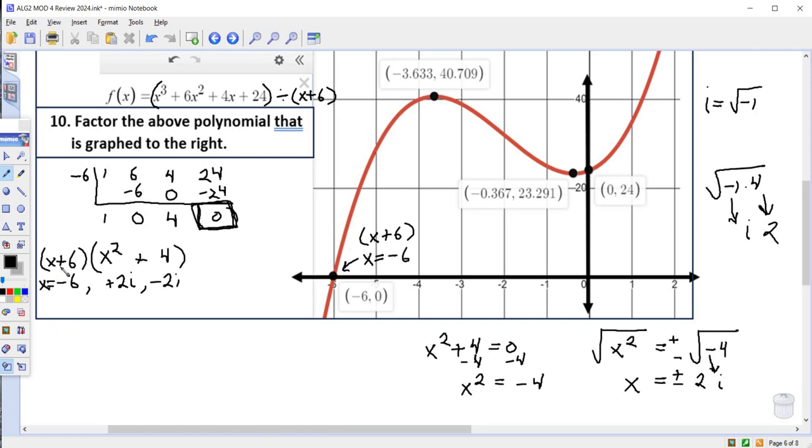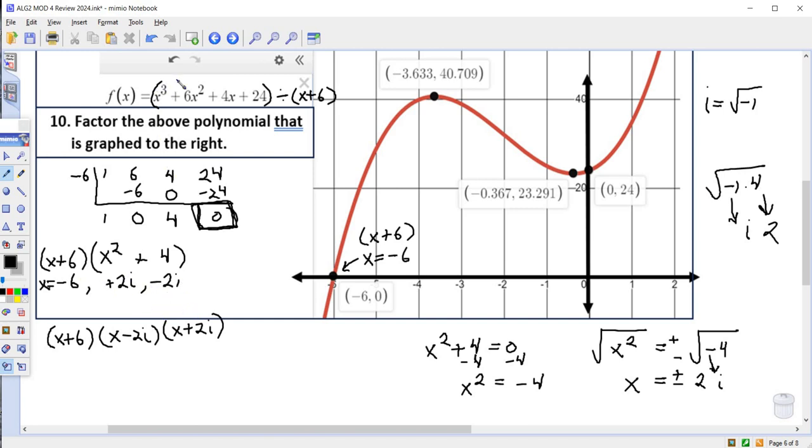So think about what the factors are. The factor with the negative 6, we know that's x plus 6. The factor associated with this positive 2i is x minus 2i. The factor associated with this negative 2i would be x plus 2i. And I have factored this completely. 3 roots: negative 6, positive 2i, negative 2i.